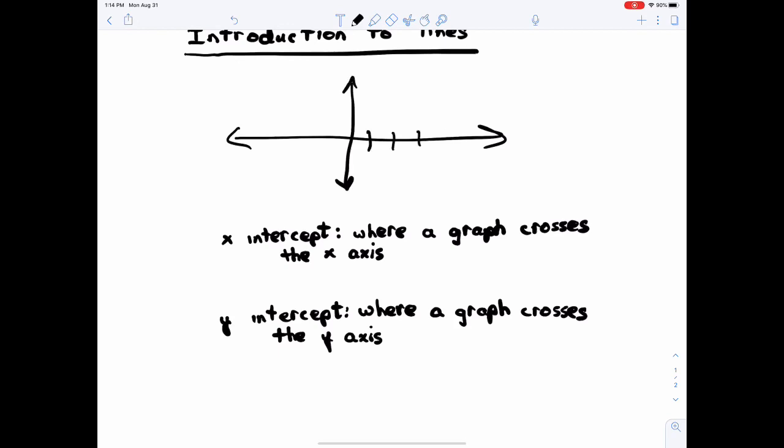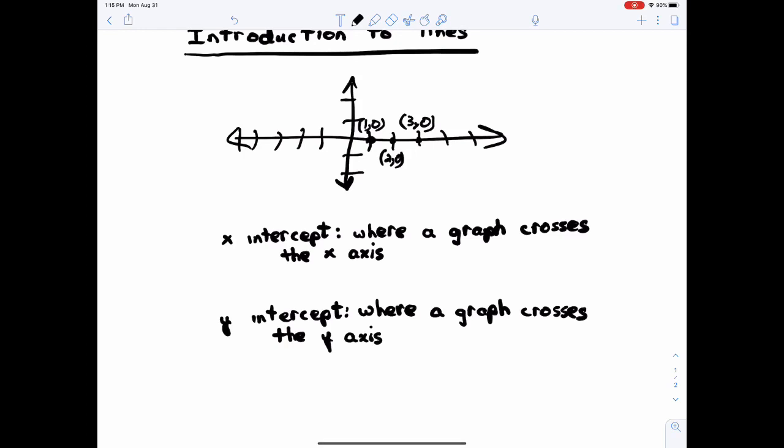If I label the axes, and you don't need to, just listen, that's good enough. What's that point right there? That's 1, 0. What's that point right there? That's 2, 0. What's that point right there? That's 3, 0. So on and so forth.